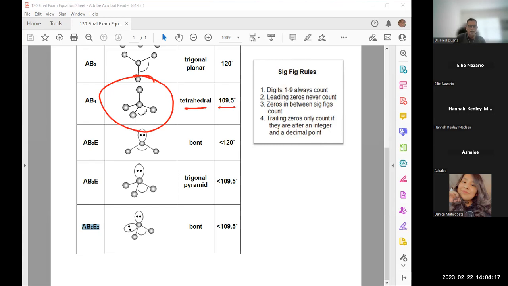Well, when we start putting lone pairs, like in this case, that bond angle tends to be crushed in, simply because the lone pairs take up more space. And when you have two lone pairs, that bond angle really gets crushed, and it's much, much less than 109.5. This geometry is called bent. And that's how we use the general formula to determine the geometry and the name and the bond angle.